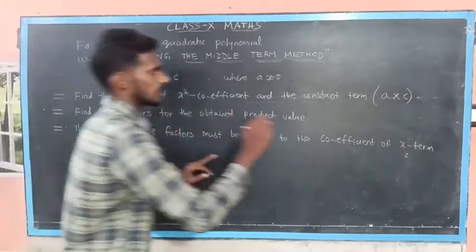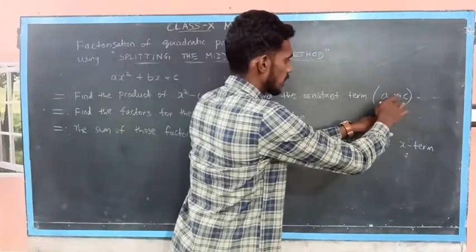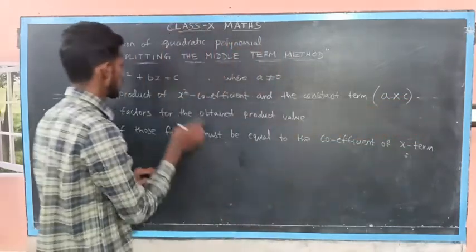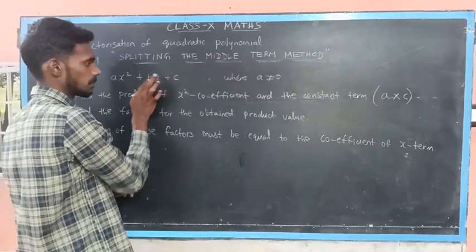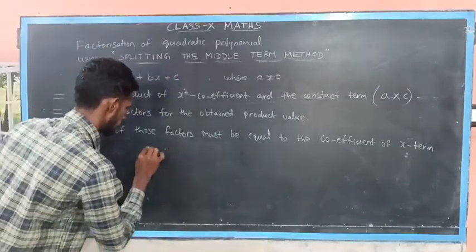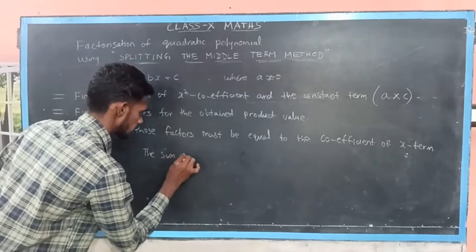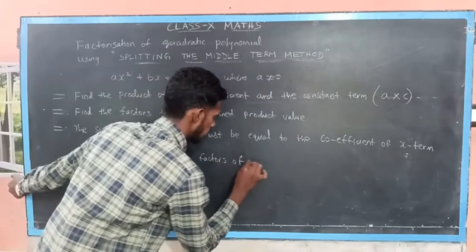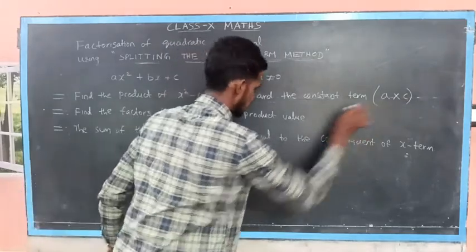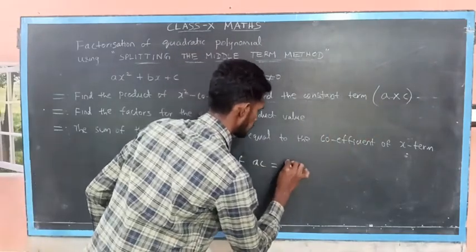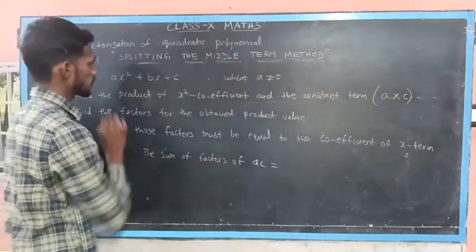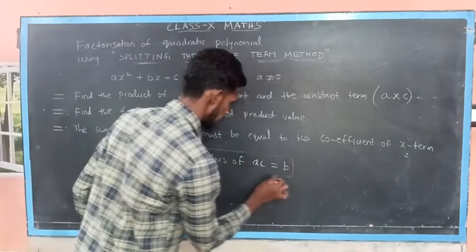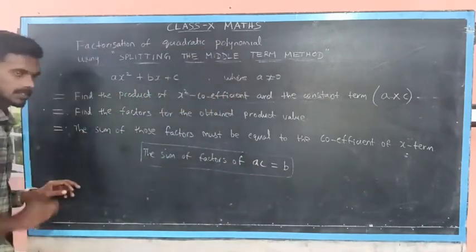That is, if we are finding the factors for the product value a into c, then the sum of the factors must be equal to the x coefficient, that is b. So this condition should be satisfied. This is the third step.